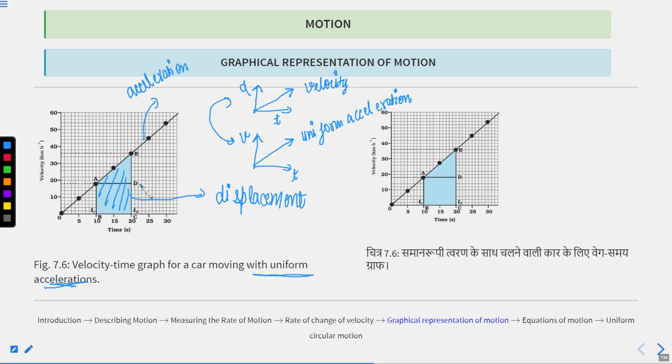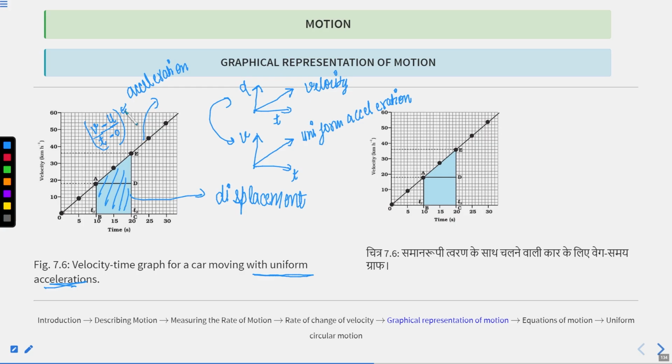How can you calculate the slope? When you divide the change in velocity by time, you get acceleration. So the velocity time graph gives you information about acceleration, displacement, and the velocity at a particular time. So the velocity time curve is very important for us.